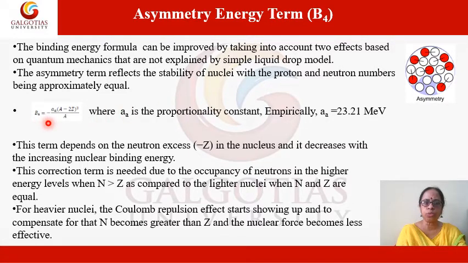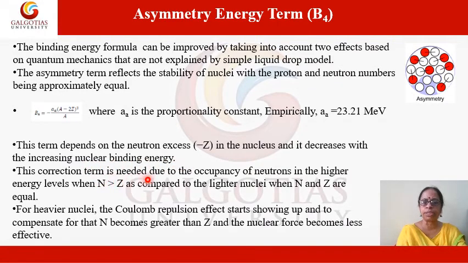V4 is equal to minus AA, which is the proportionality constant, (A minus 2Z) whole square by A, where A is the mass number. Empirically, AA is equal to 23.21 mega electron volt. This term depends on the neutron excess N minus Z in the nucleus, and it decreases the nuclear binding energy as it increases.